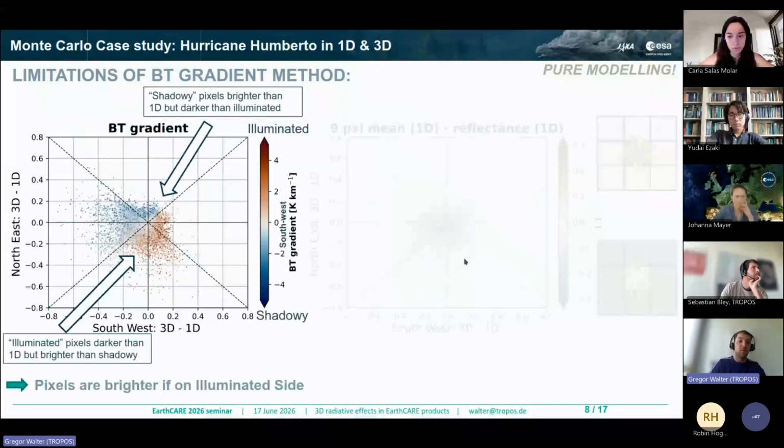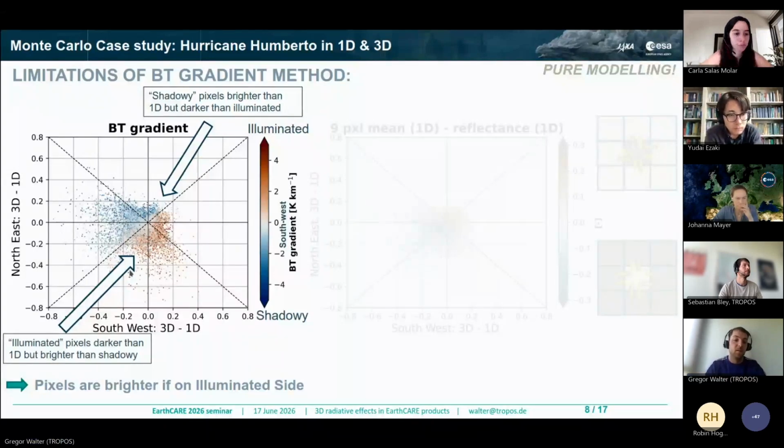And here we can see now the results. So our reference is the southwest side, and we can see illuminated pixels indicated in reddish, and they are mostly on the positive side, but we can also see that some shadowy pixels are also on the positive side, and some illuminated pixels have a negative 3D minus 1D, so it cannot explain all.